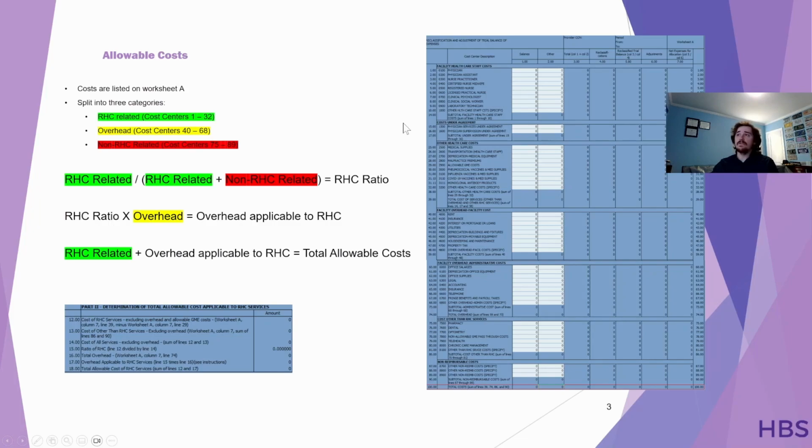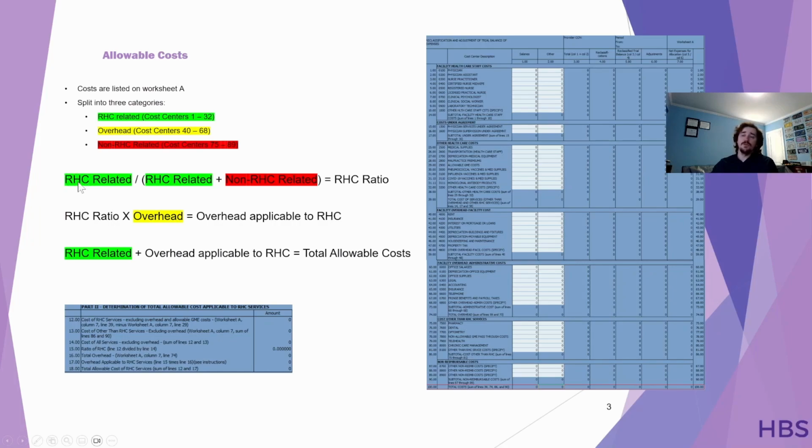So once you have your costs separated into these three categories, these different formulas are used in this section of the cost report, which is worksheet B part 2, in order to determine your total allowable costs. Your total RHC related is added to your non-RHC related costs, and that gives you what's considered total non-overhead.